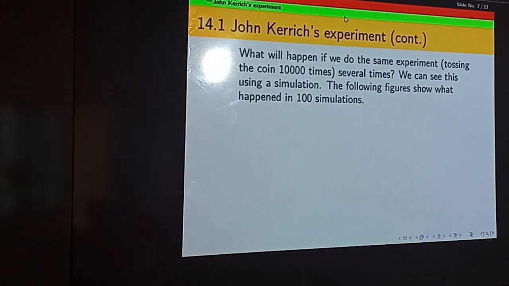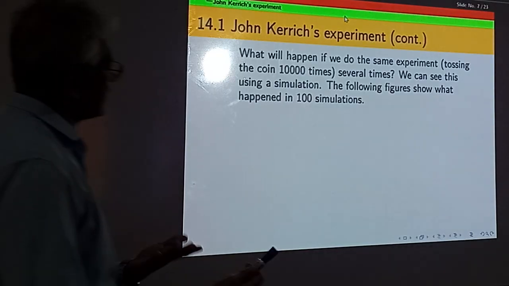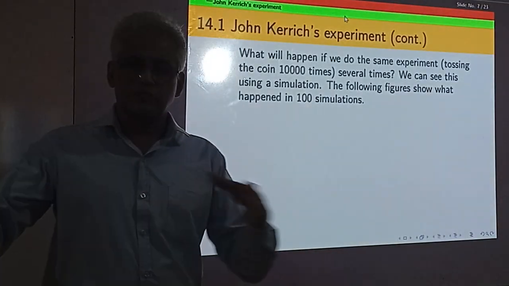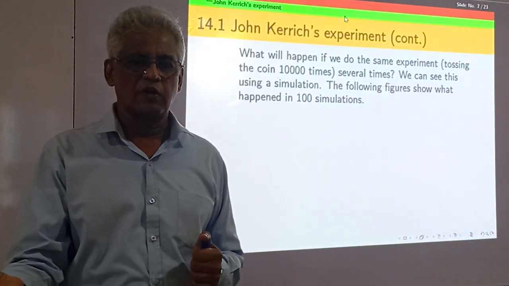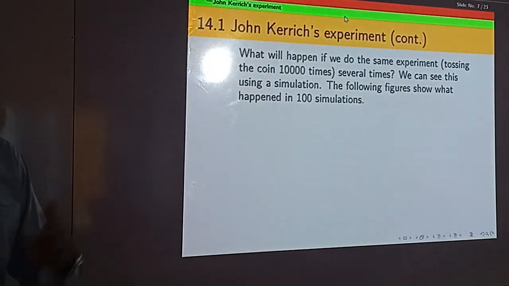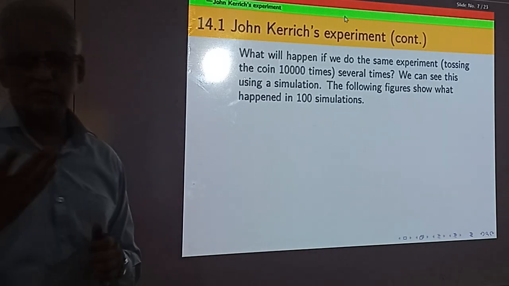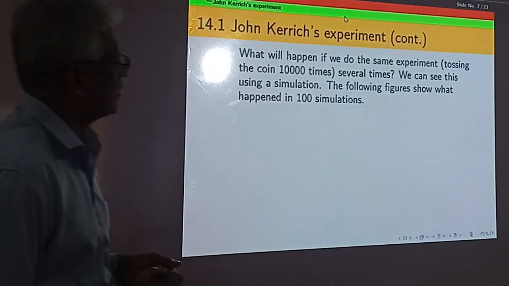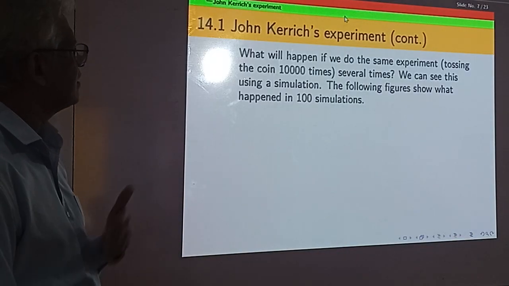So I simulated the data. I can just assume that you have a box of zeros and ones, maybe 50% zeros and 50% ones. It's like drawing tickets from that box, right? So I can write a small program and simulate this thing.